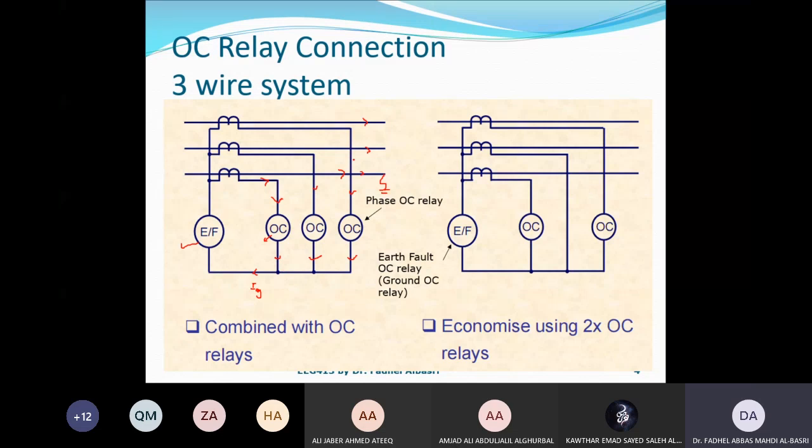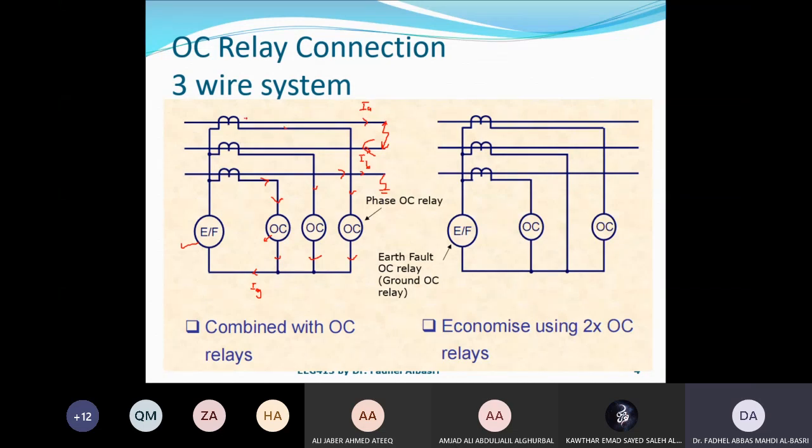Now, if we have phase-to-phase faults, suppose I have a fault between these two phases, then current IA flows in this direction, and current returns in this direction as IB. Here also we will have current IA.